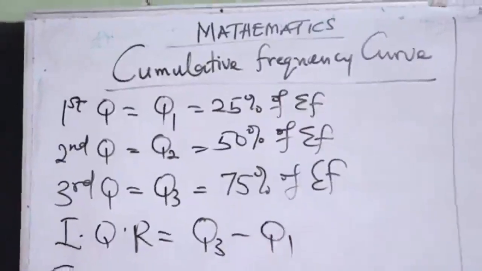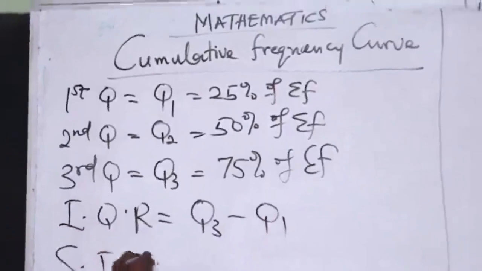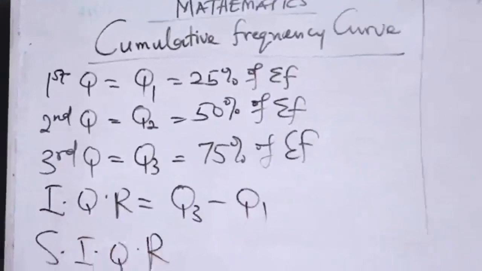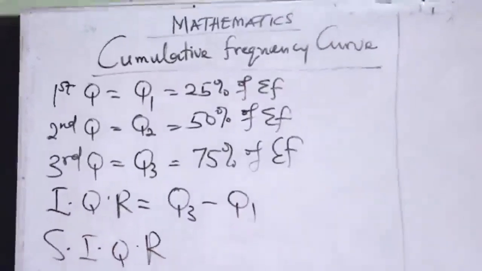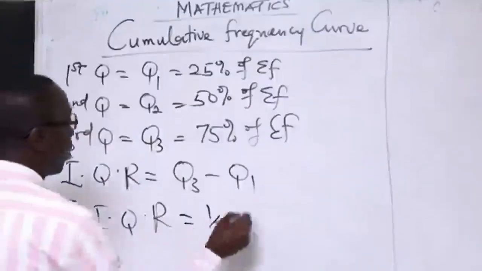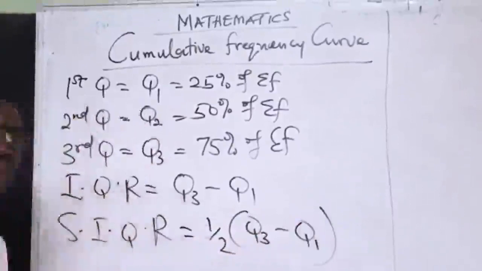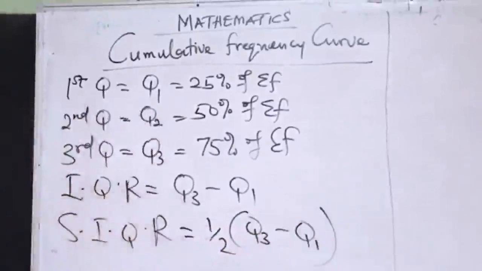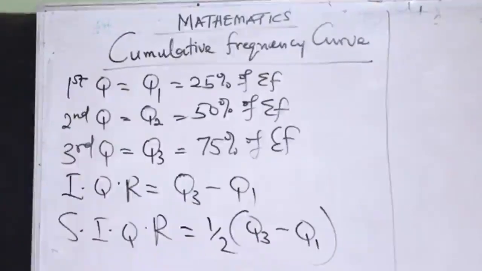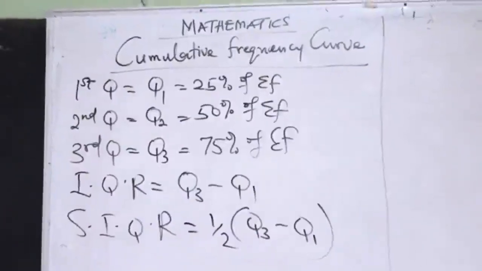Then I have SIQR. Obviously, that's the semi-interquartile range, and that is half of Q3 minus Q1. Am I still communicating? Yes, sir. Okay, this is information on quartiles, which we have treated in the past.